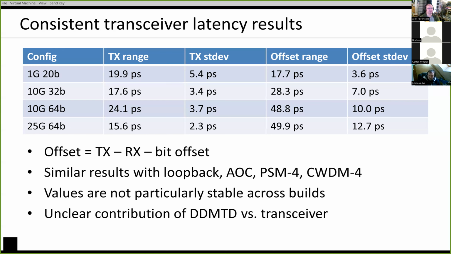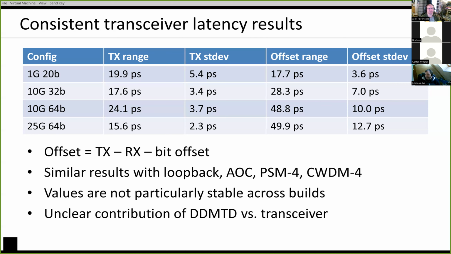But one thing I did notice is that the values are not as stable as I would like across builds. They seem to be relatively consistently the numbers that I have here, approximately, but sometimes you'll have a channel that's like 2x what the number is here. So I don't really know what's going on there, if this is something placement related or if there's something else going on.